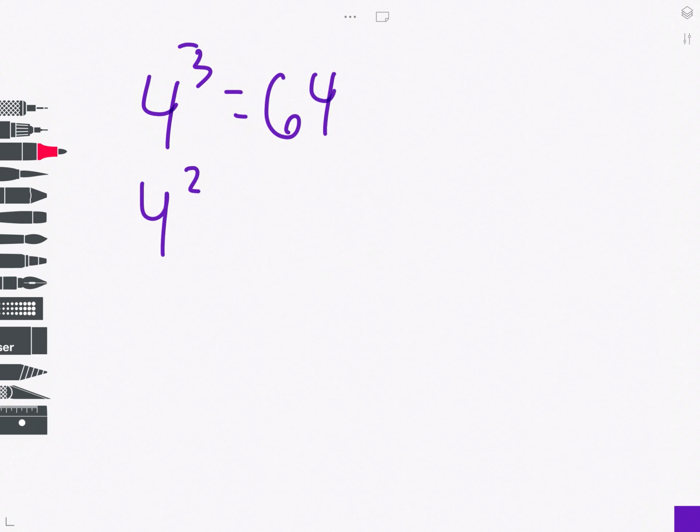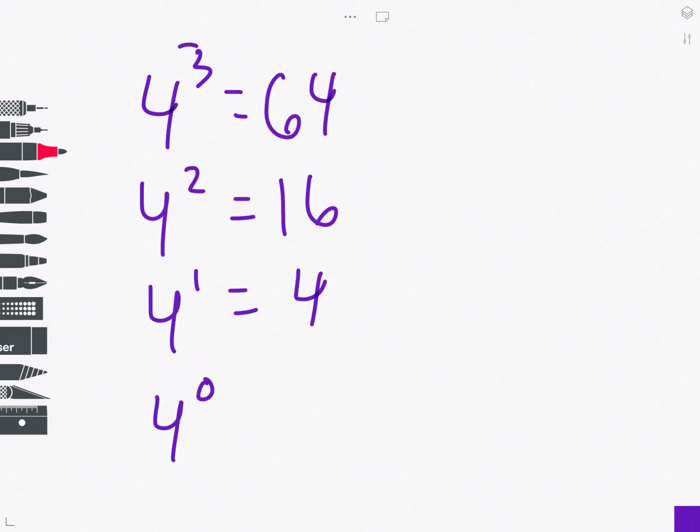So let's stick with that 4. We just said 4 to the third is equal to 64. 4 to the second would be equal to 16. 4 to the first is equal to 4. Then we want to figure out, what does a 0 power do?